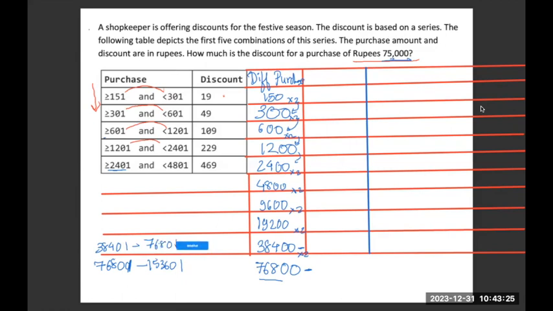Okay. So here is the combination where I am interested in finding the discount. How much discount will come here? Now I will start looking at the discount combination from this. So I'll say discount part: 19, 49, 109, 229, 469.